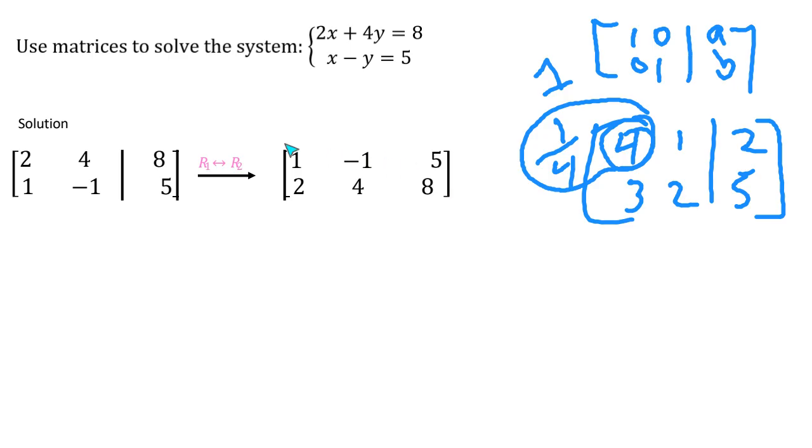Now I have a 1 in this location, and I have a 1 here. The next thing we want to do is use that 1 to help you make anything below it a 0. Here I have a 2, and I need to make this 2 a 0. So what we can do is multiply the 1 by the opposite of whatever you see below it.